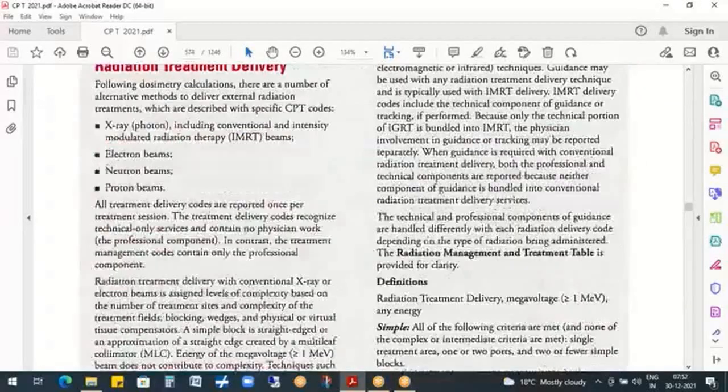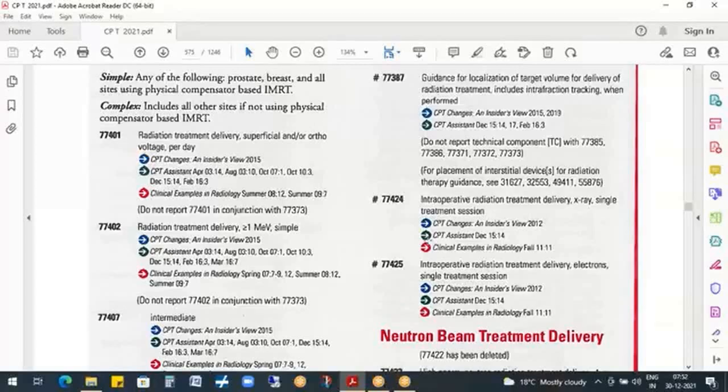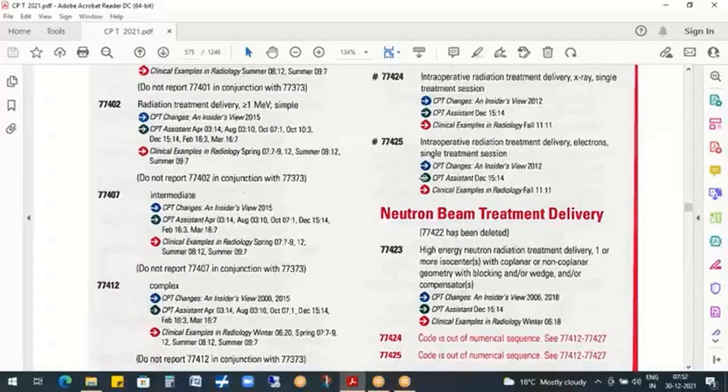In delivery, can you see the codes 77402, 407, 412? Yes, sir.